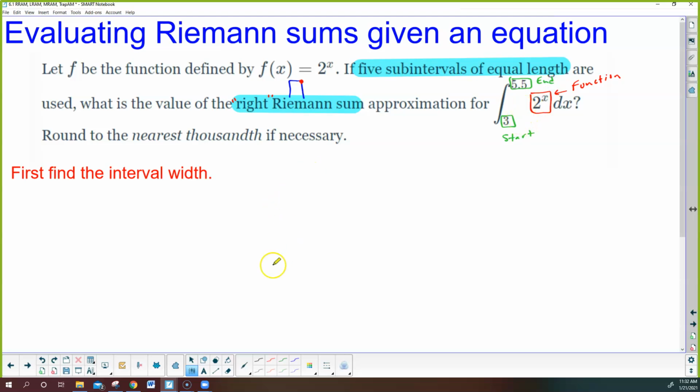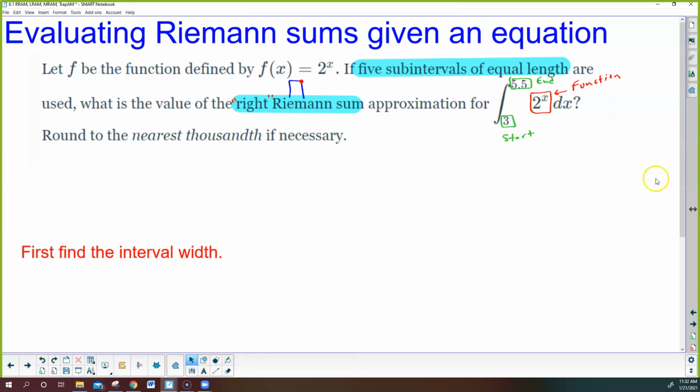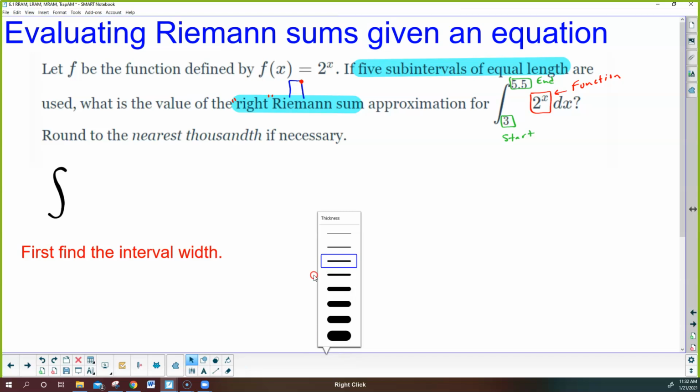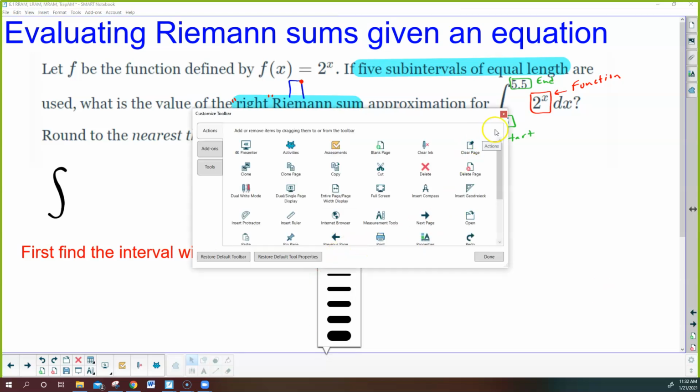Okay, so what I'd like you to write, just to start off with here, is, and I'll rewrite it here, draw the integral.